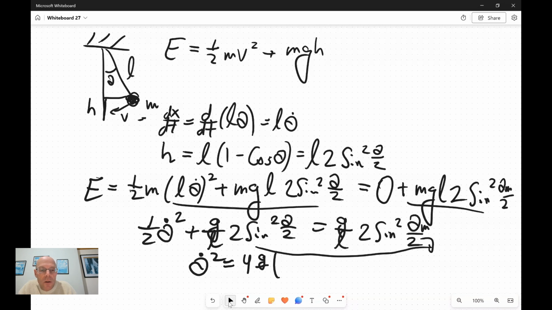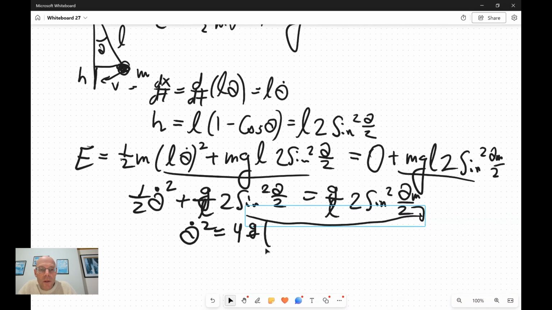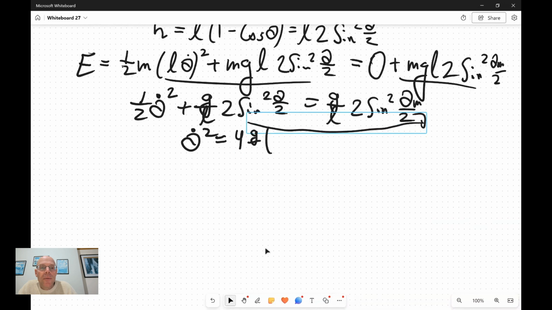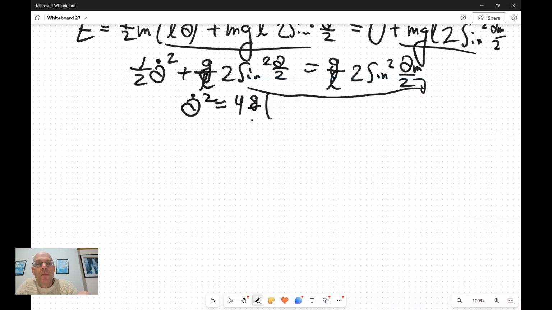Times sine square theta max over 2 minus sine square theta over 2.